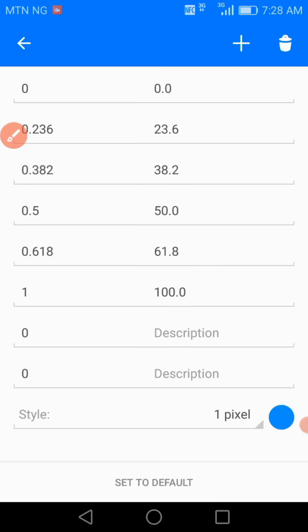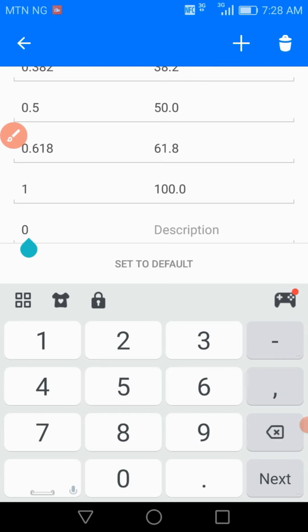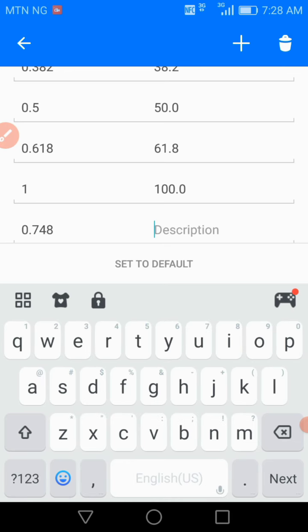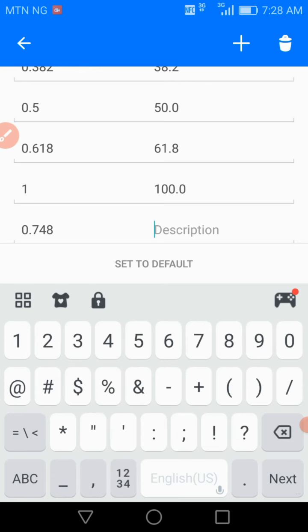Yeah, here we have what? 0.0, you delete this, 0.748. Okay, now when you multiply that by 100, you are going to get what? 74.8.